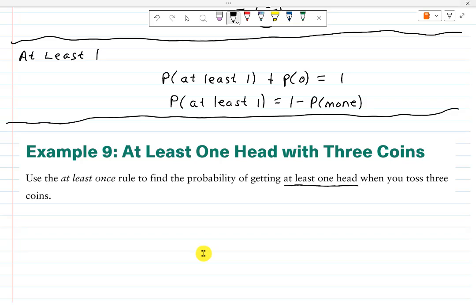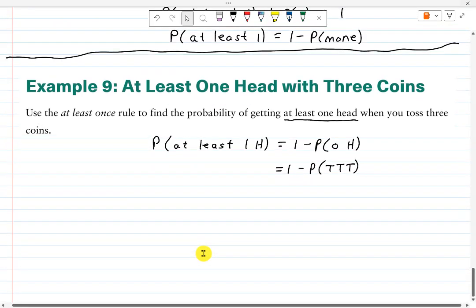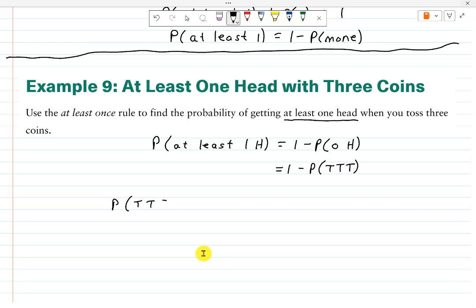I know that the probability of at least one head equals 1 minus the probability of 0 heads, so that's 1 minus the probability of all tails. We could go back to the chart if we want to, but for all tails, I would have a tail on the first one, a tail on the second one, and a tail on the third one.